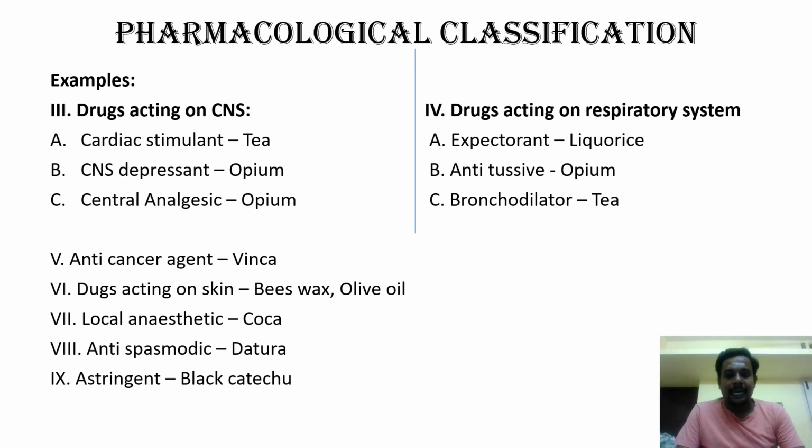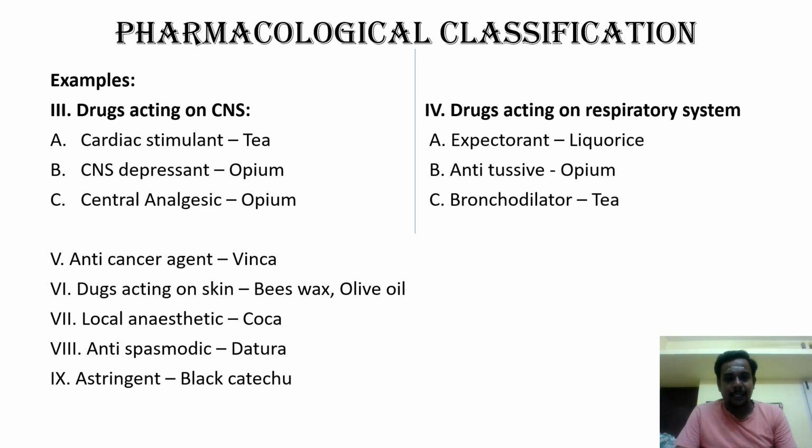Now, the third category in this pharmacological system of classification, drugs acting on our central nervous system. Below this category, again we are going to see about three classes. Number one, cardiac stimulant. Number two, CNS depressant. Number three, central analgesic.